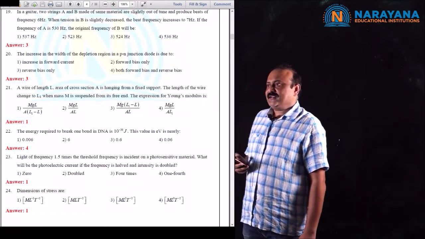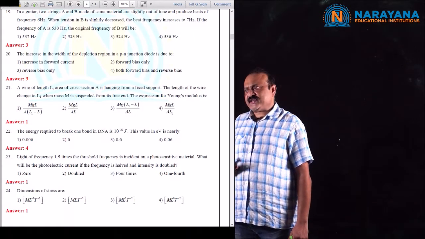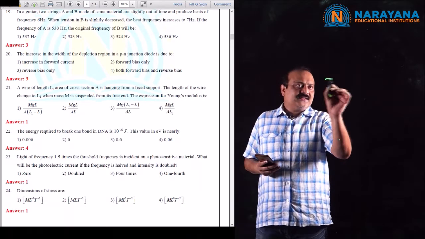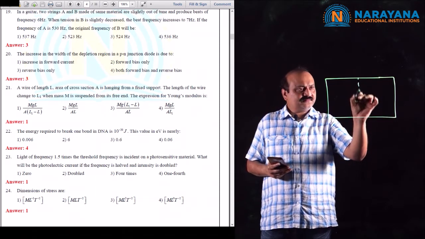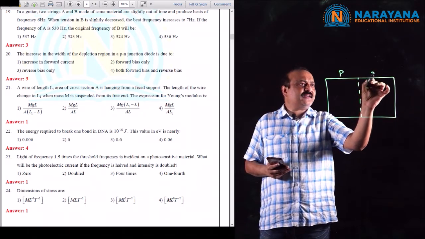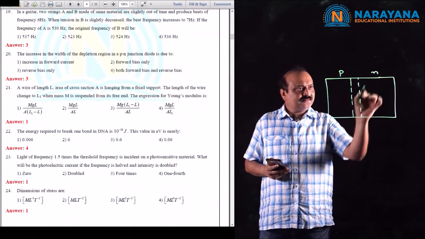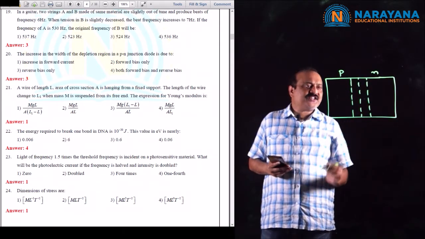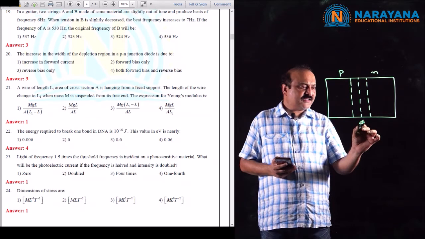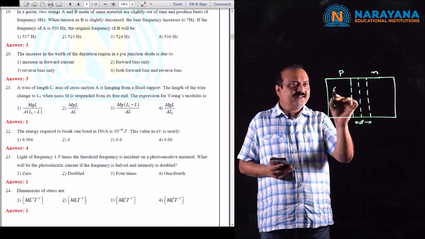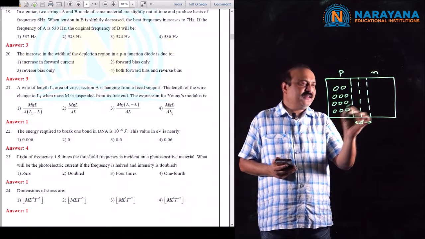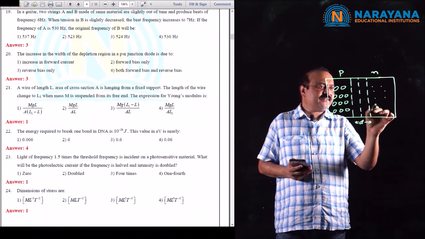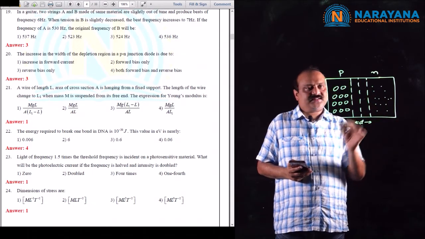Question number 20. The increase in the width of the depletion region in a PN junction diode is due to? This is the PN junction diode, a P-type semiconductor and an N-type semiconductor. This is called the depletion layer, and D is the width of the depletion layer. P-type semiconductor contains holes as majority charge carriers, and N-type semiconductor contains electrons as the majority charge carriers.